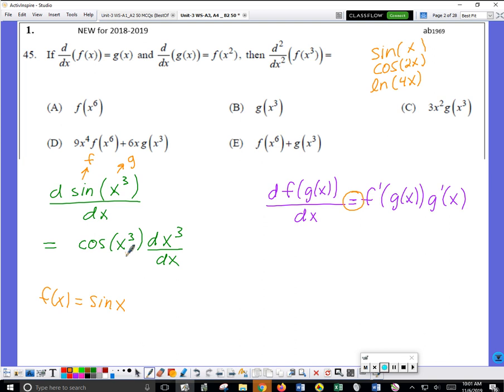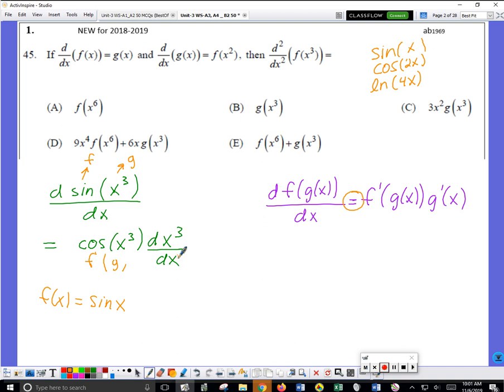So here's the f prime part, here's g being plugged in, and then you multiply by the derivative of g, or d dx of the g function. So you already know how to use the chain rule. You've been using it. It's very natural for you. Questions?